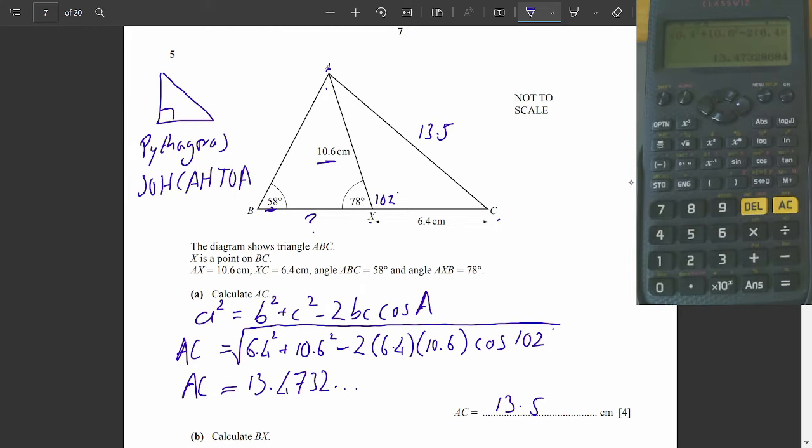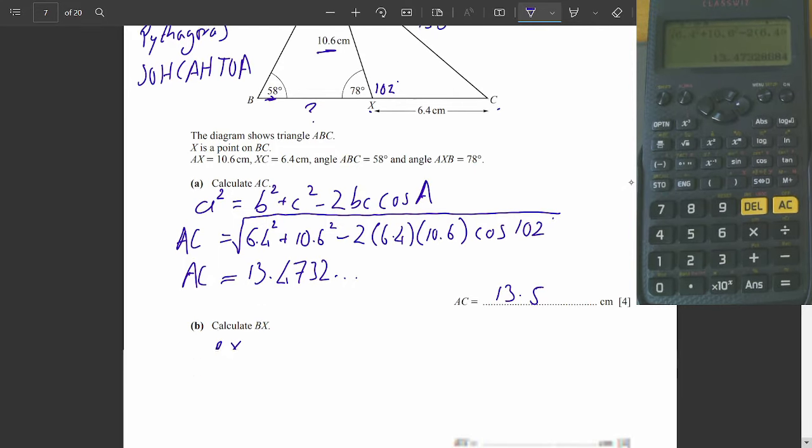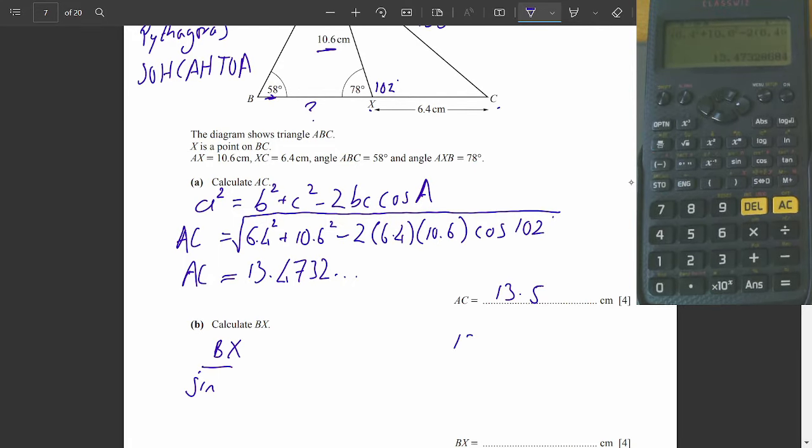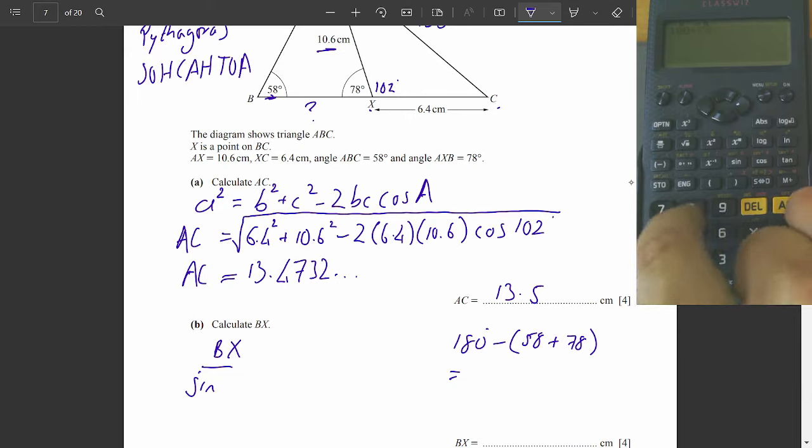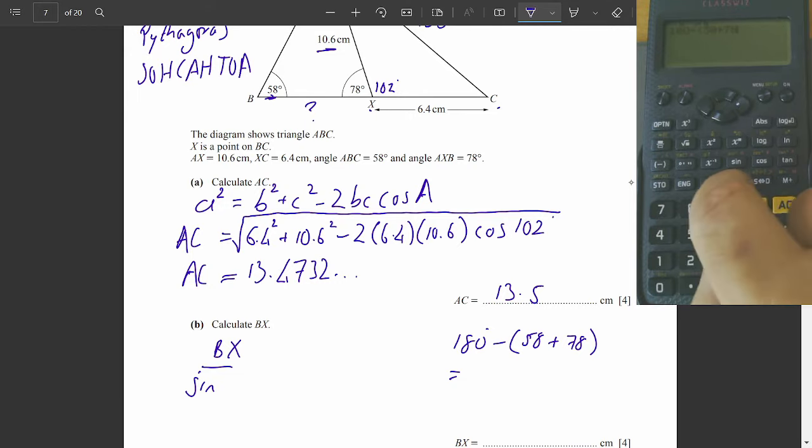Of course, we can do basic angles in a triangle, which is 180. Let's do it over here. 180 minus the two angles we have, 58 and 78. There we go, 44.